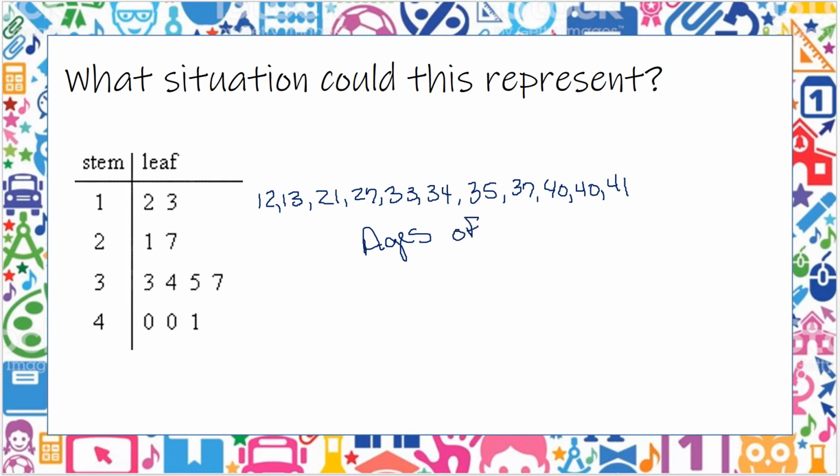The ages of people playing on a co-ed softball team. It could be the difference in people's weights. It could be all kinds of things. But think about what these numbers could represent, and that'll help you decide what kind of choices you have. Just make sure that you can write them out as numbers, and that'll help you decide which one fits the best.